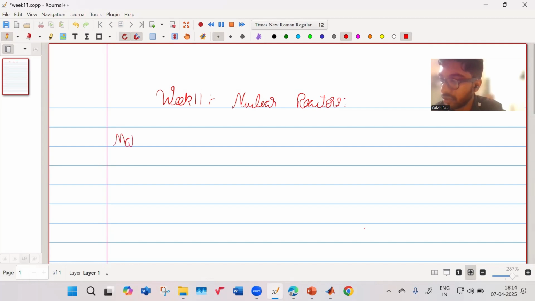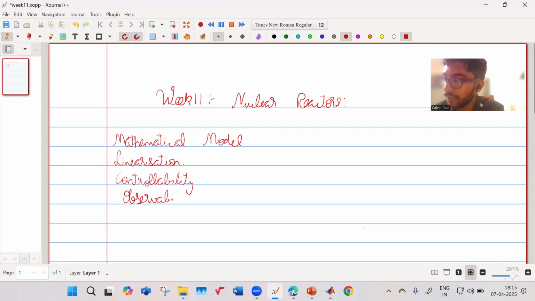It's mathematical. After the implementation of the mathematical model, linearization was carried out with the different model, and then the controllability study, and finally output feedback.